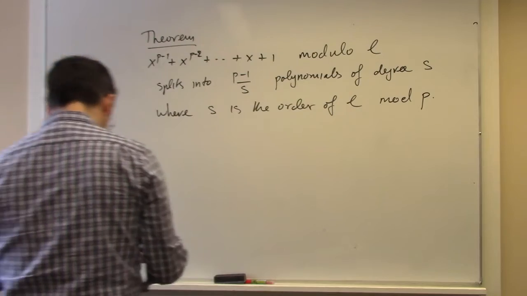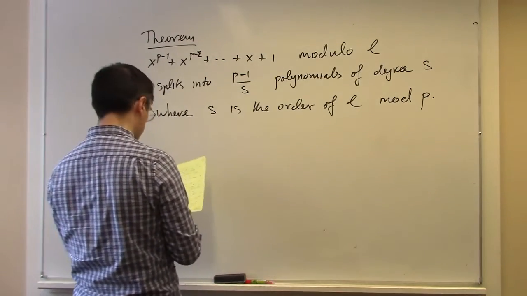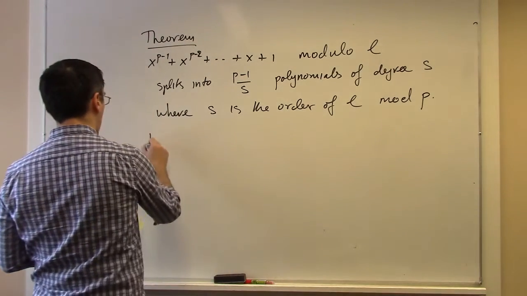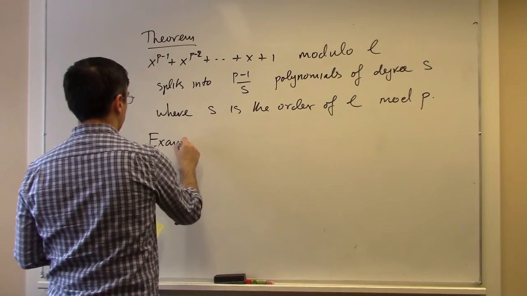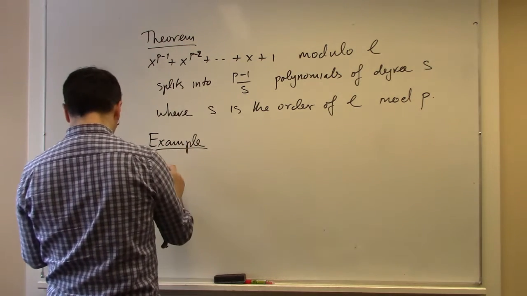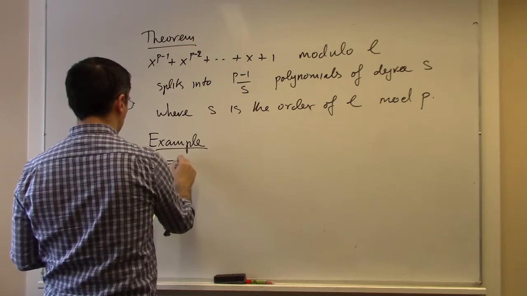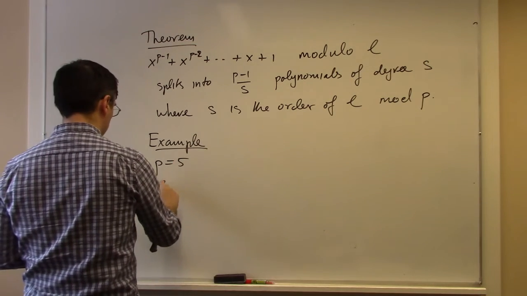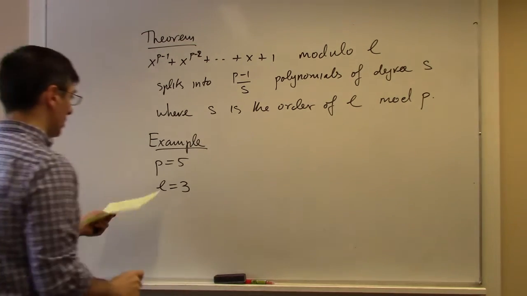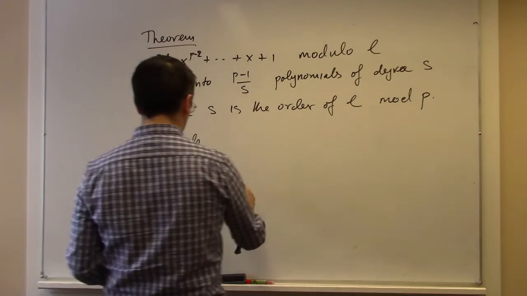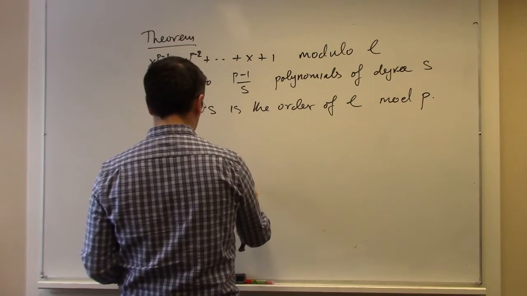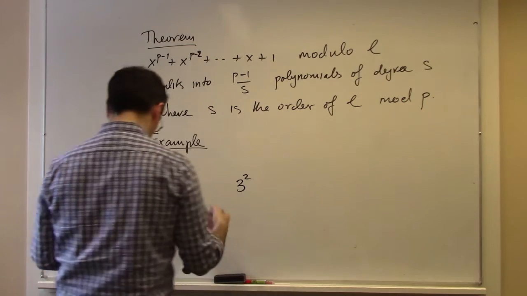Right, so here's a quick example. Let's take p to be 5, then l equals 3. So how do you compute the order? You keep raising this to powers.